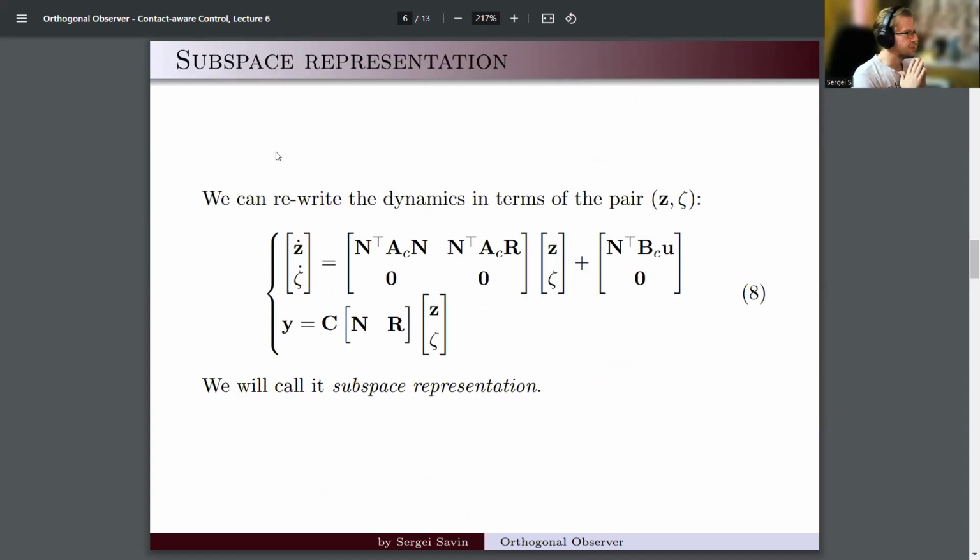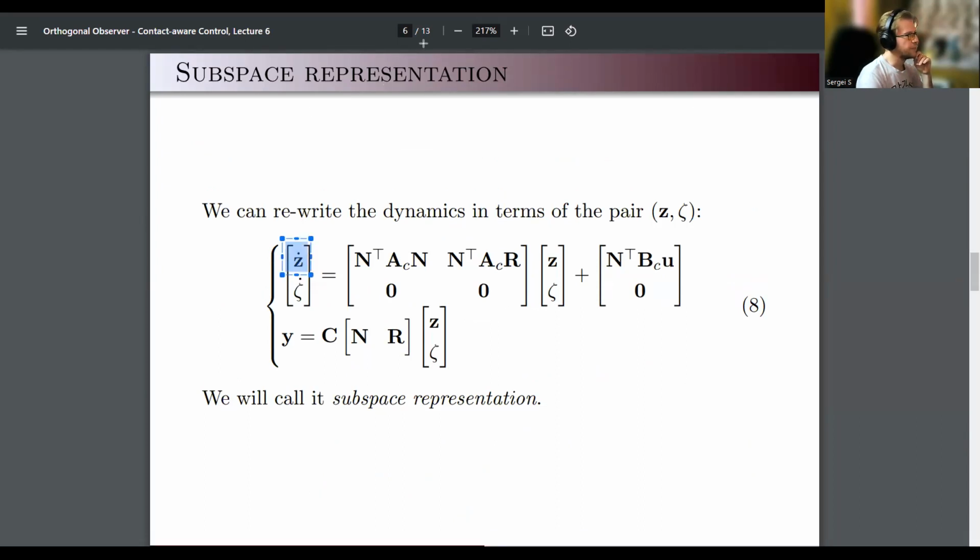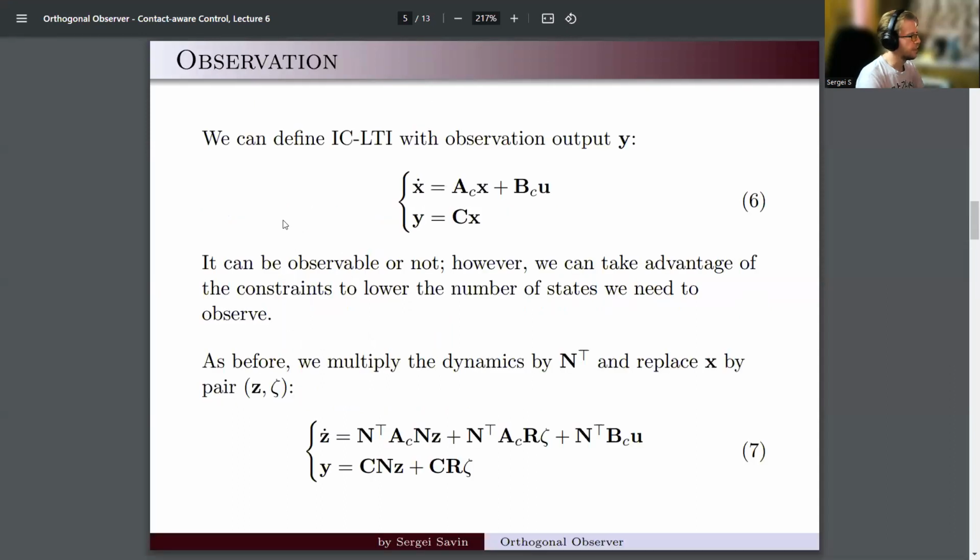Now what we do is what I would call subspace representation. So we write the same dynamics as before, and let me show you that it is the same dynamics. Let's go step by step.